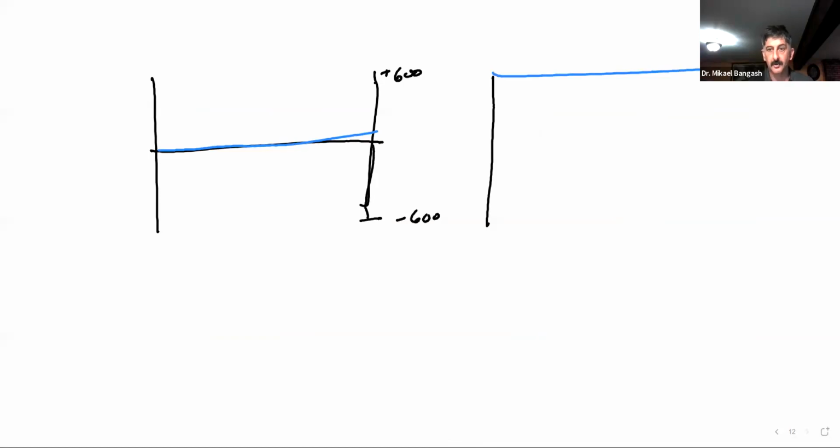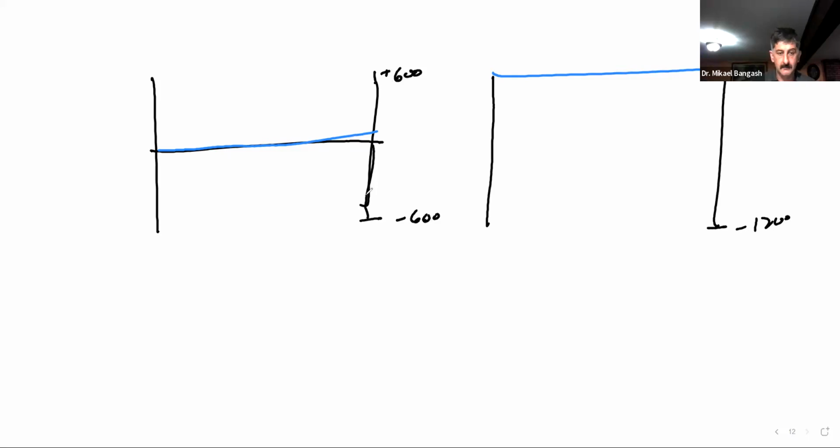This becomes your new baseline. And then what is going to be our max negative Doppler shift? It's just going to be 1200, because this is 600 and this is 600.